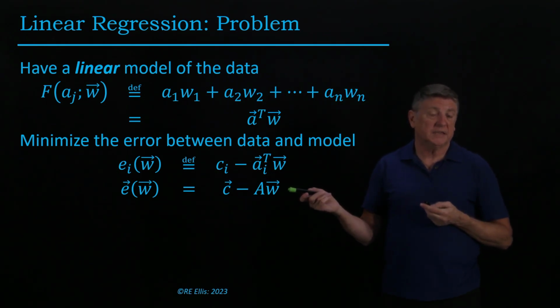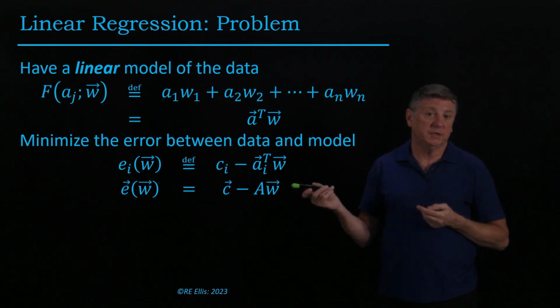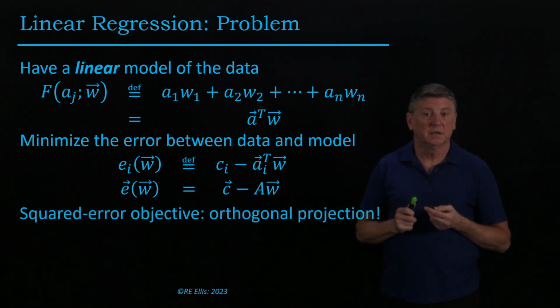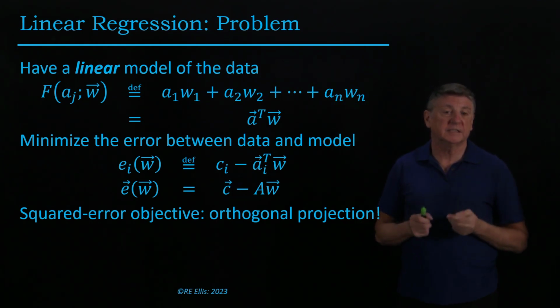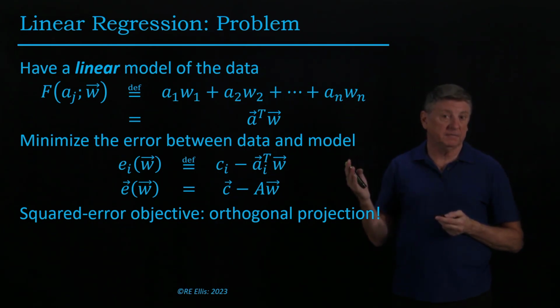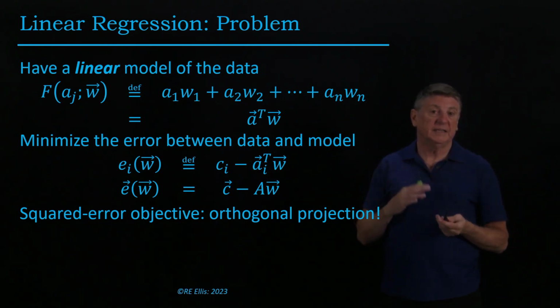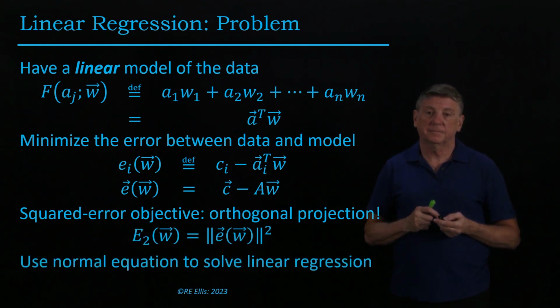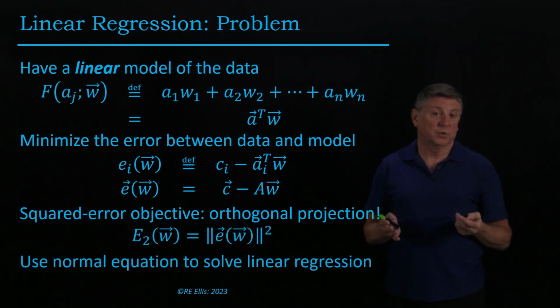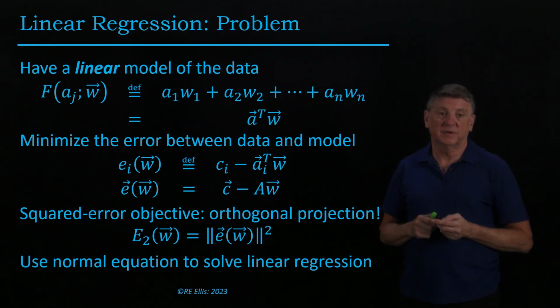What we get is actually the same equation that we had when we were doing projection. So that means that if we're trying to minimize squared error, it's the same as performing orthogonal projection of a dependent vector to the vector space of independent data. That means we can use the normal equation to solve this problem of linear regression.